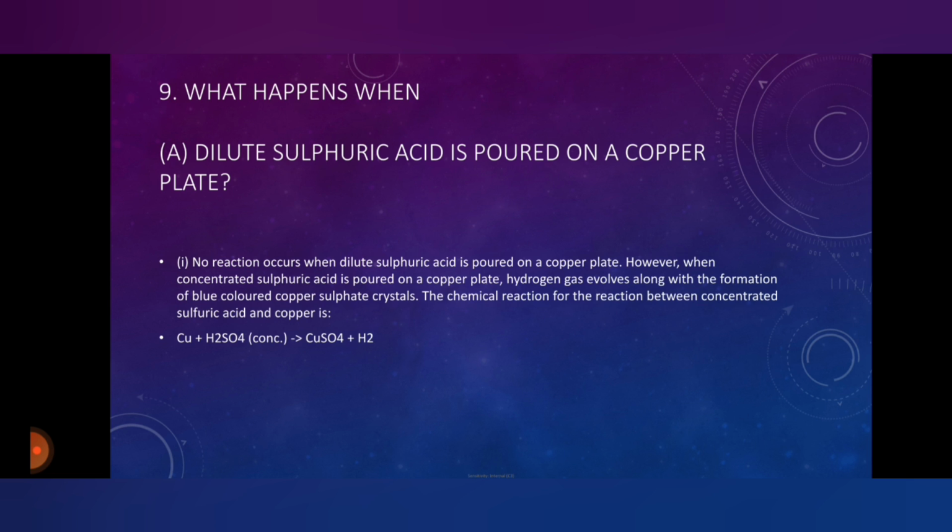9. What happens when A, dilute sulfuric acid is poured on copper plate? Answer is no reaction occurs when dilute sulfuric acid is poured on a copper plate. However, when concentrated sulfuric acid is poured on copper plate, hydrogen gas evolves along with the formation of blue color copper sulfate crystals.